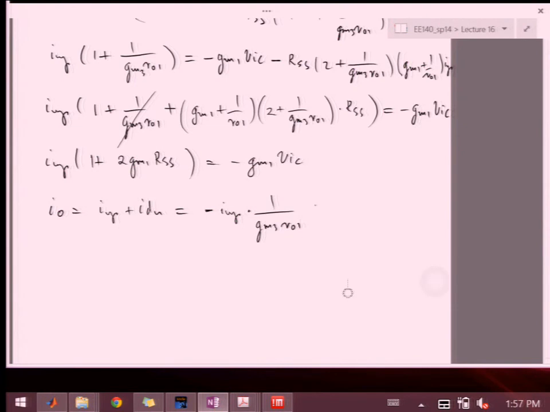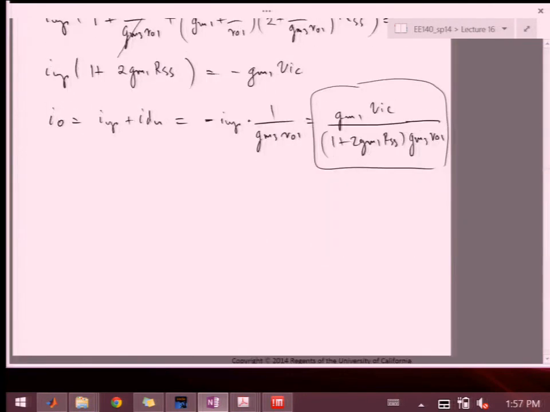So this is then equal to gm1 VIC over 1 plus 2 gm1 RSS times gm3 ro1. Okay? So then our gm common mode will be equal to gm1 over gm3 ro1 times 1 plus 2 gm1 RSS.